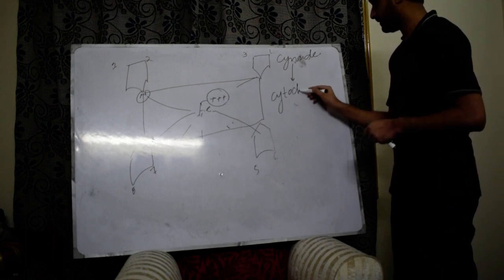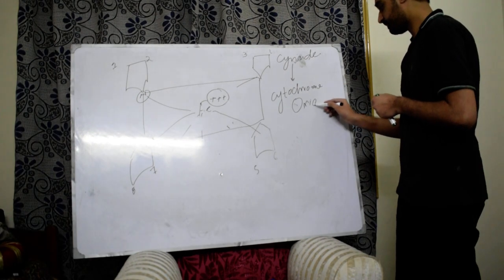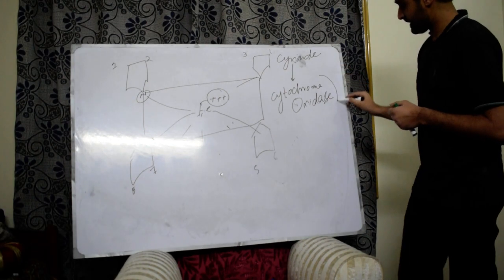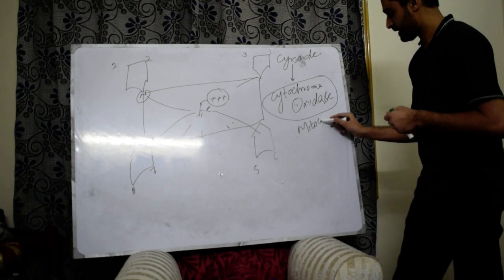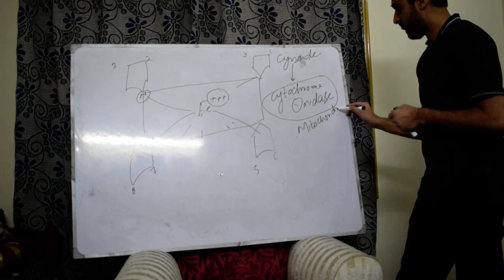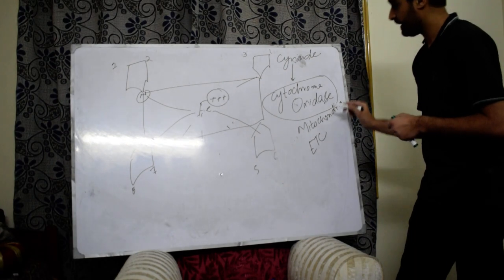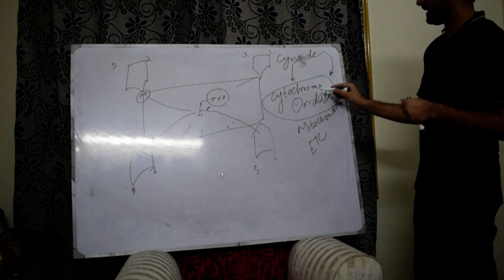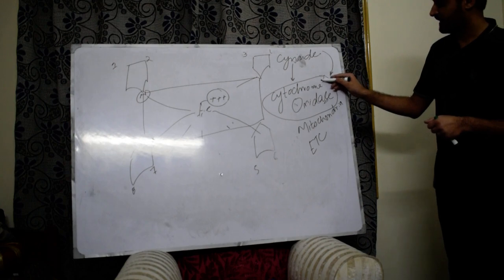There is an enzyme with the name cytochrome oxidase, which is present inside mitochondria and it is responsible for the electron transport chain. So when a patient takes cyanide, it affects this cytochrome oxidase and blocks it.